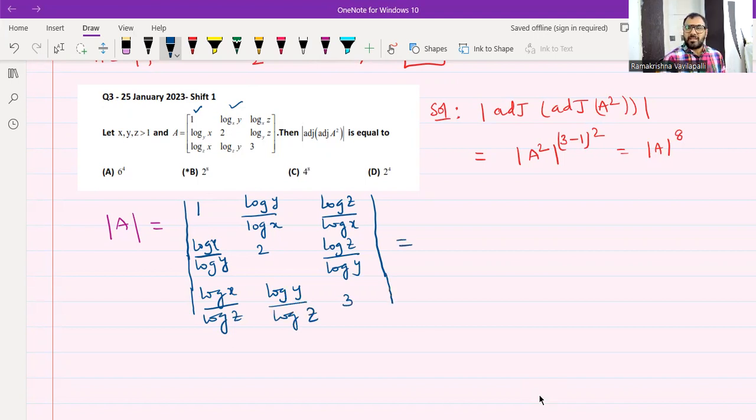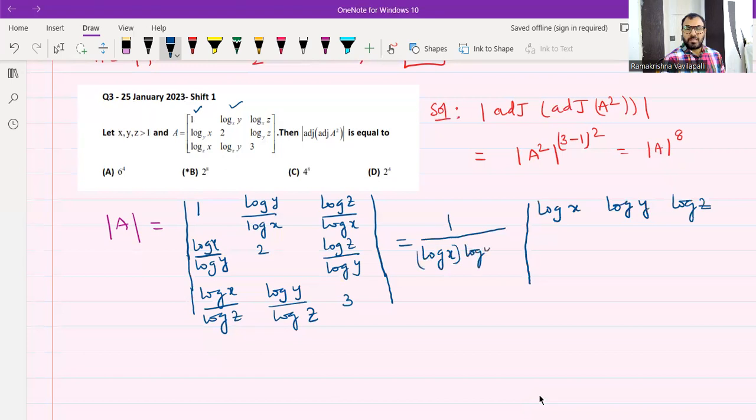We need to expand this determinant. So here you see, from the first row you take log x common. So I'll write log x outside, or multiply the first row by log x. So here you will have log x, log y, and log z. This is from the first row. Multiply the second row by log y.